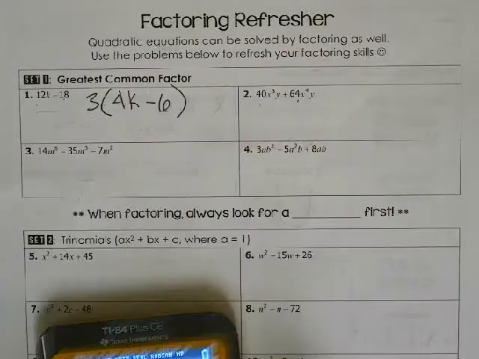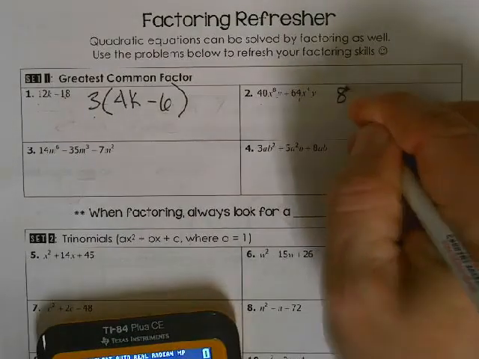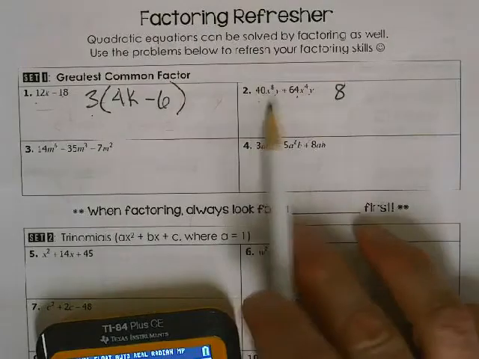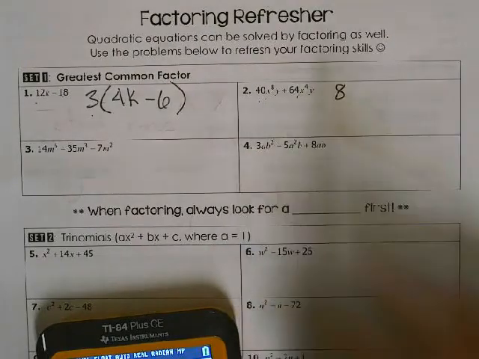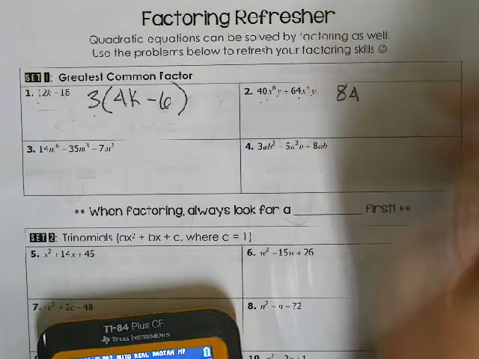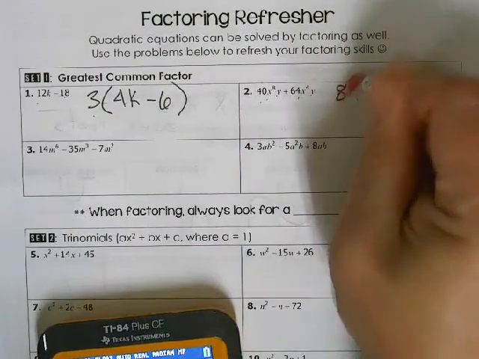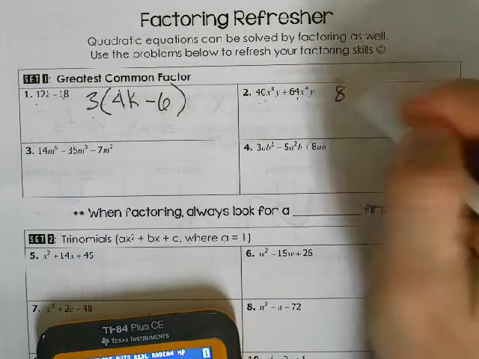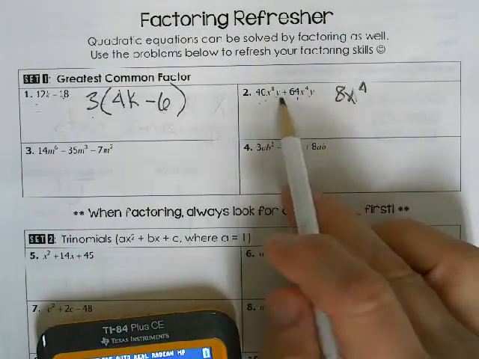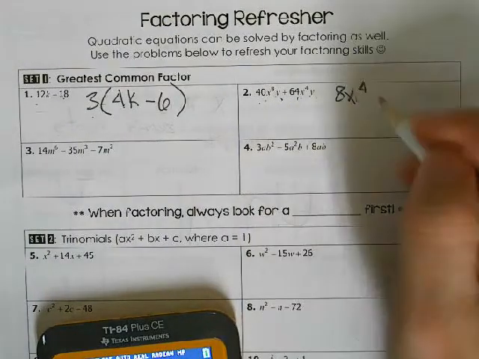So I'm going to factor out the 8 first of all. Then you look at your variables. We have x to the 8th and x to the 4th. So we would go x to the 4th. Sorry. X to the 4th. And then y to the 1st, y to the 1st, so just y.